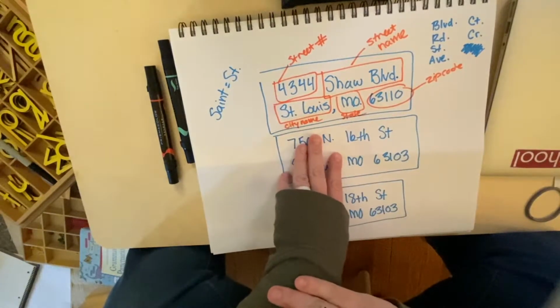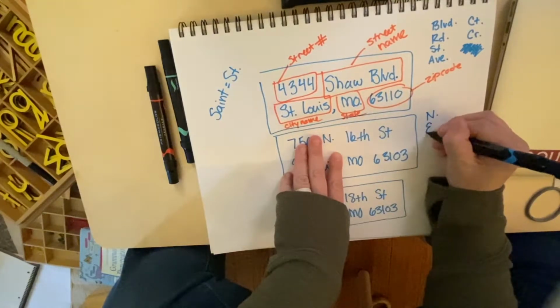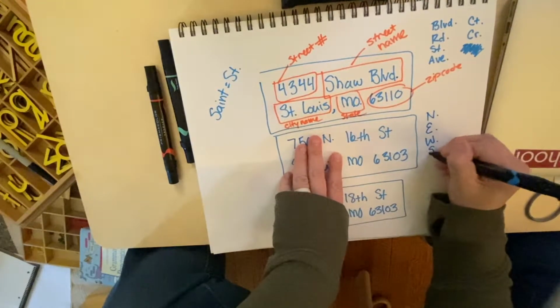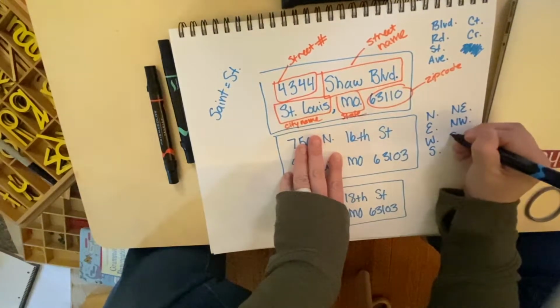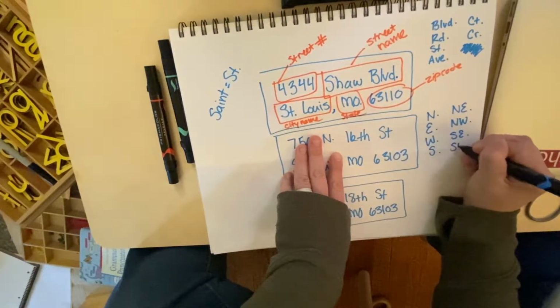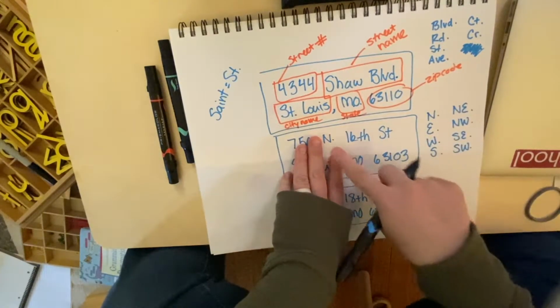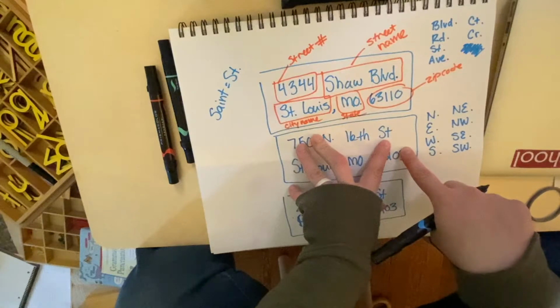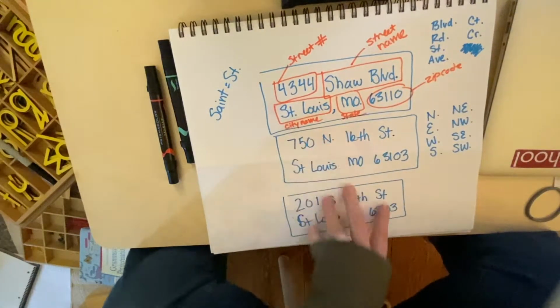So we're going to put a period at the end of the abbreviation. North, East, West, South, Northeast, Northwest, Southeast, Southwest. Okay, those are abbreviations for directions. So North 16th, and look, here's this abbreviation, street. I'm gonna put a period there.